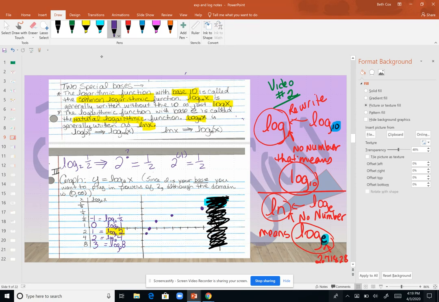All right, the next one. What exponent turns 2 into 1/4? Okay. So now this is the question we're asking. What exponent turns 2 into 1/4? And again, we know it's got to be negative because there's a flip going on. And so it's going to be -2. So 1/4 is going to give me a -2, which is way down there.